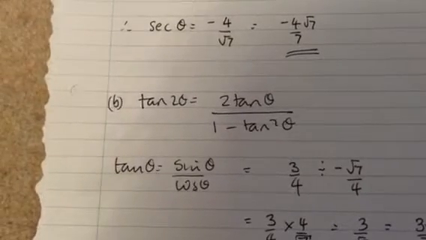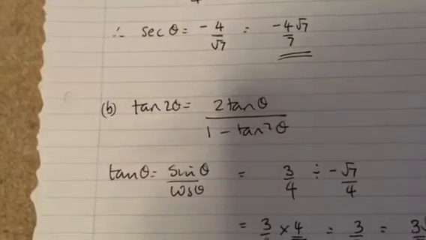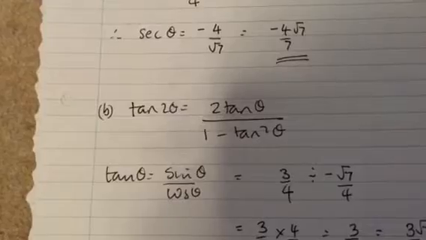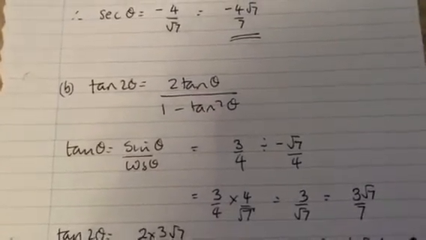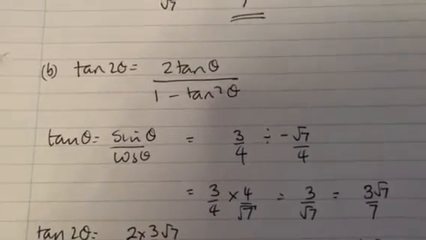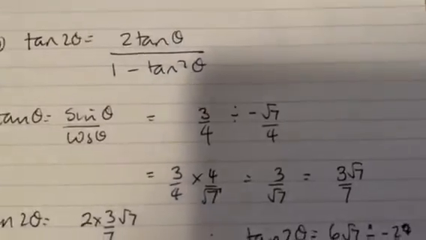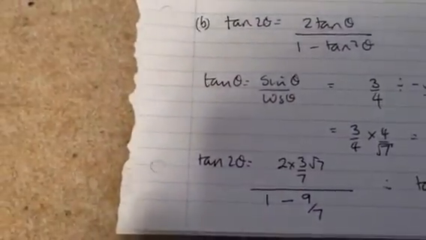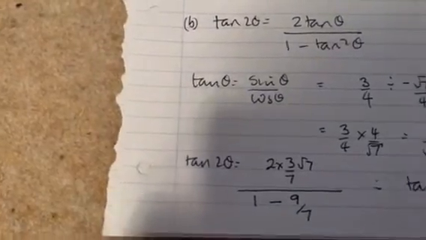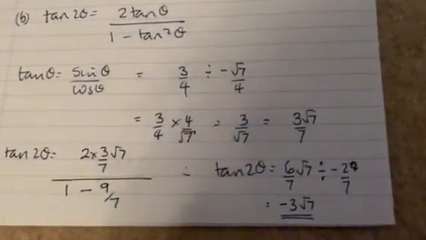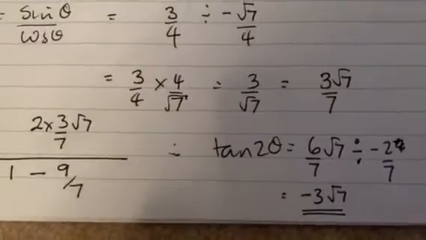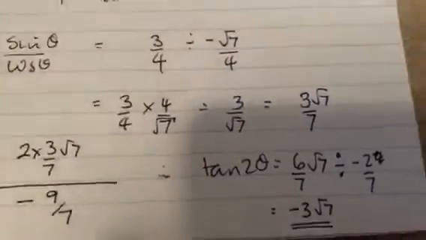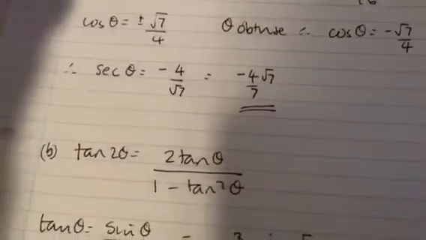So that's going to be 3/4 divided by my minus √7/4. So that's going to give me minus 3/√7, which rationalizes to minus 3/7 √7. Tan 2 theta, I then substitute into the identity and then just simplify it as a fraction. So I'm getting minus 3/7. Right.